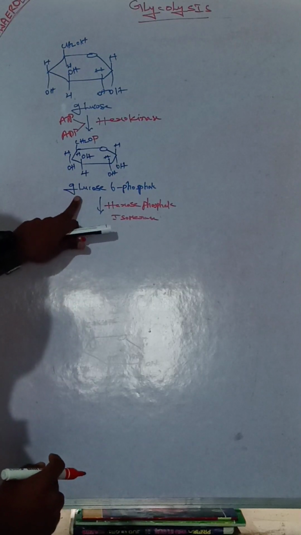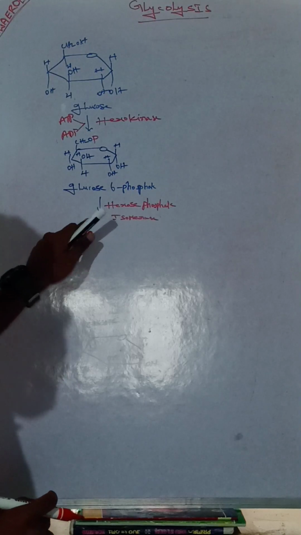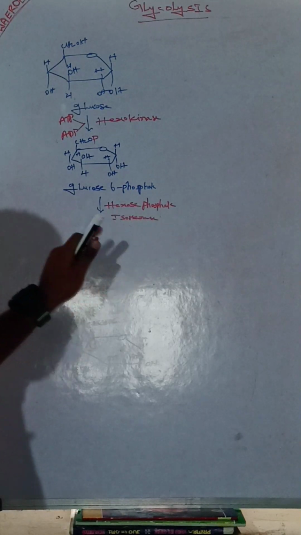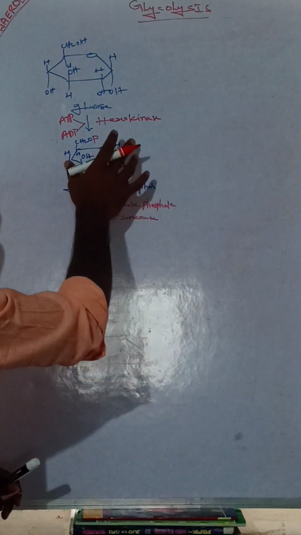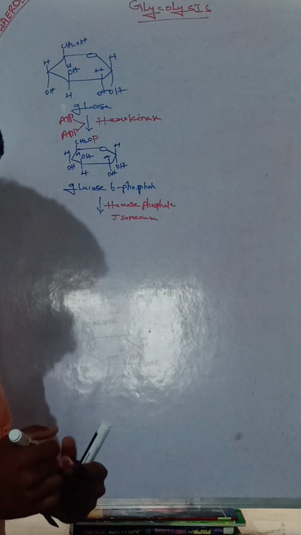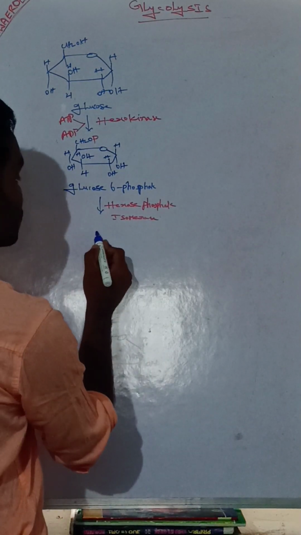Okay, this is the phosphorylation step. This is an isomerase, that's why we call this enzyme hexophosphate isomerase. Now this glucose 6-phosphate is converted to fructose 6-phosphate.